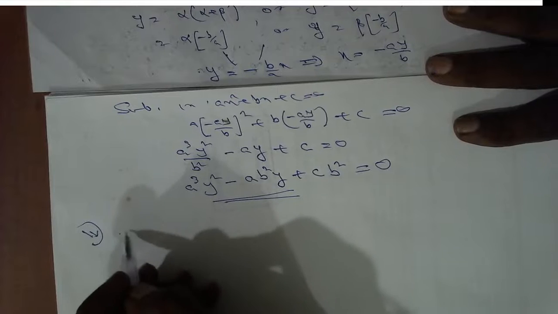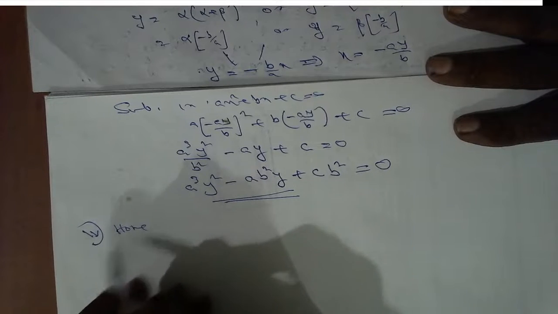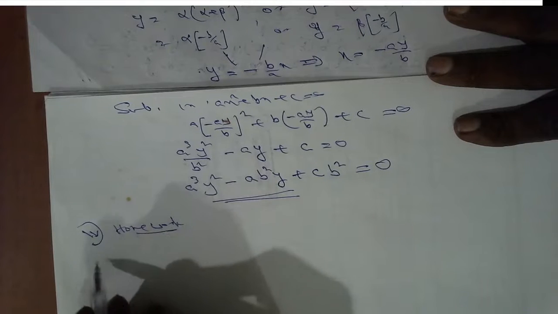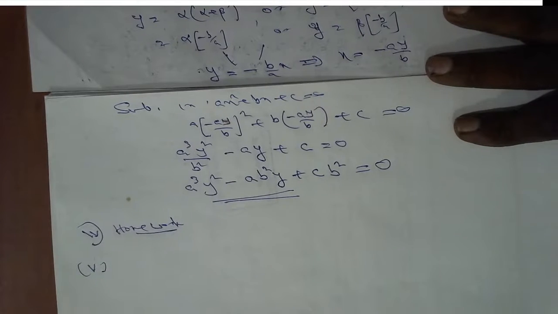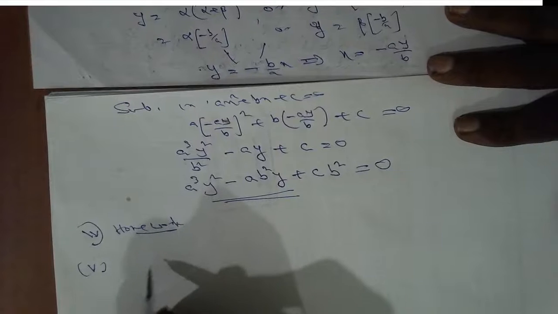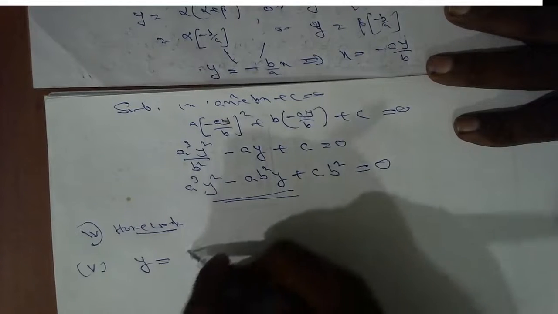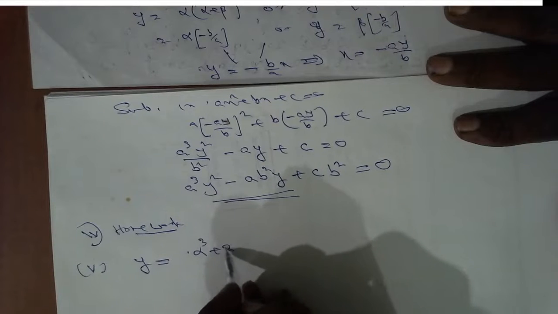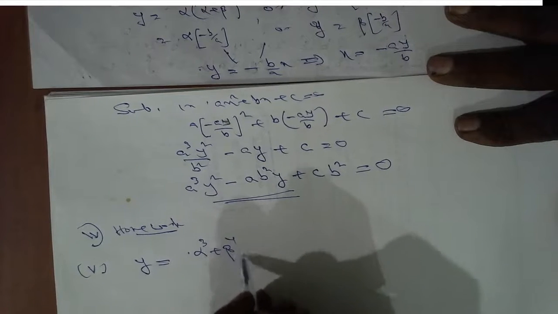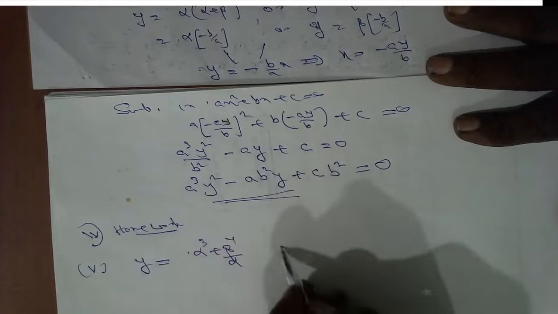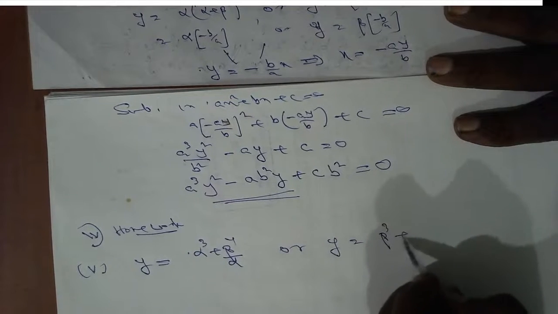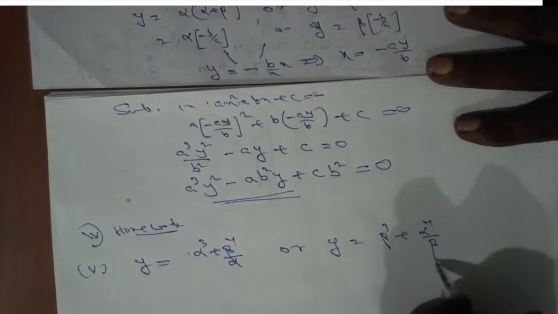If you take part 5, then you have y equals alpha cubed plus beta to the 4 over alpha, or y equals beta cubed plus alpha to the 4 over beta.